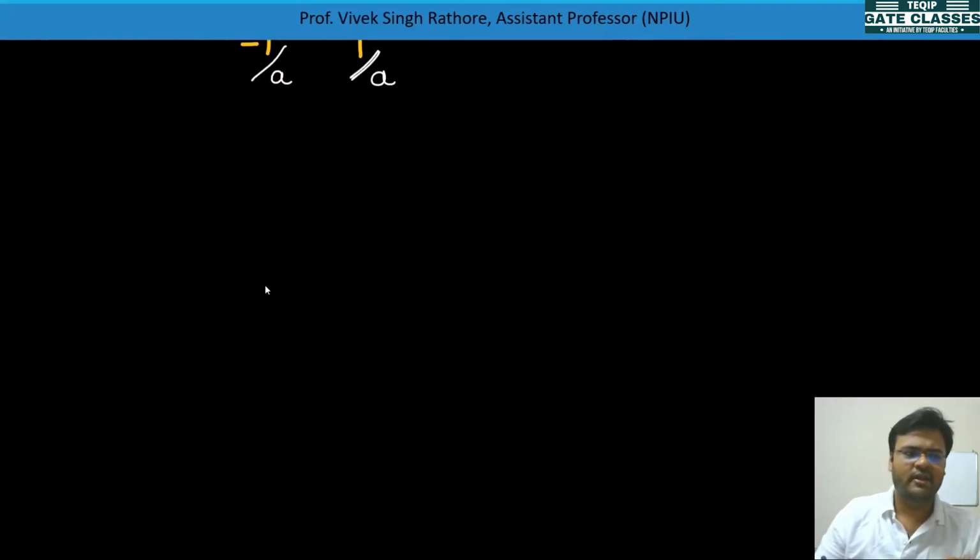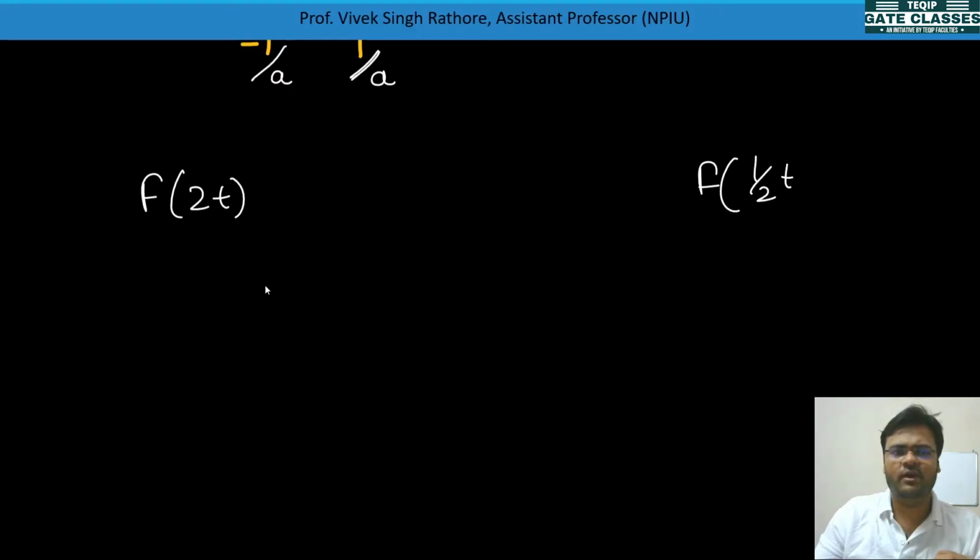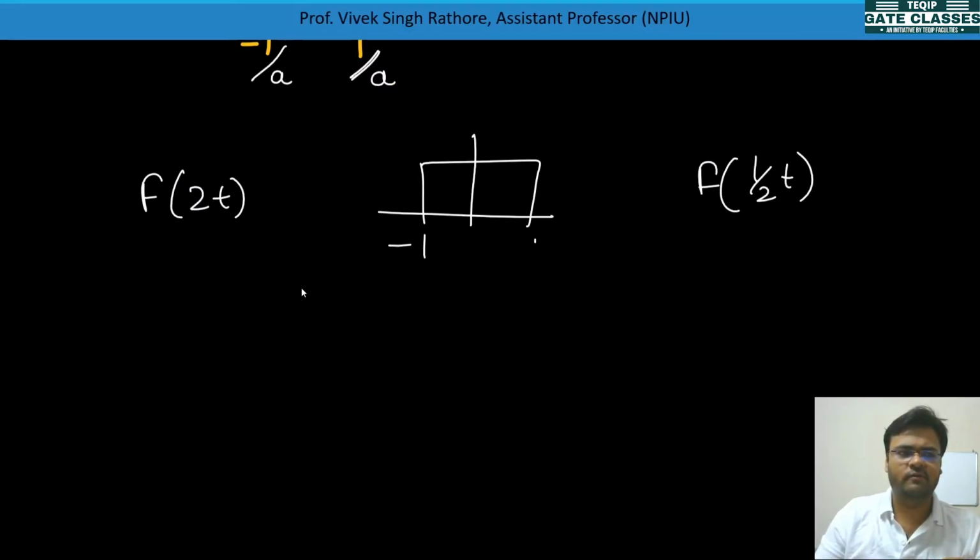Like, let's see, I need to calculate two values. Let f(2t) I need to calculate, and here f(half t) I need to calculate, of this signal only, which we have drawn here, -1 to 1, okay. Here I'll redraw it, -1 to 1 and magnitude is 1. This was our f(t). Now we need to calculate. So see, f(2t).